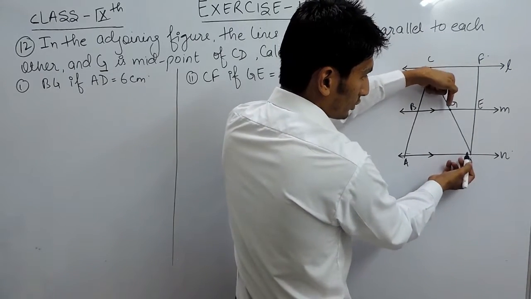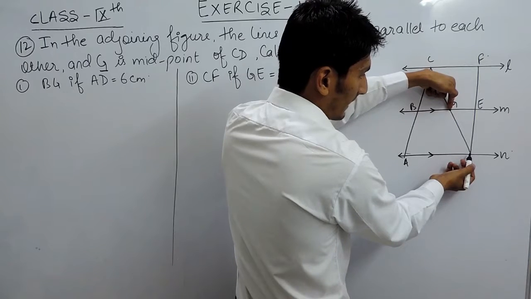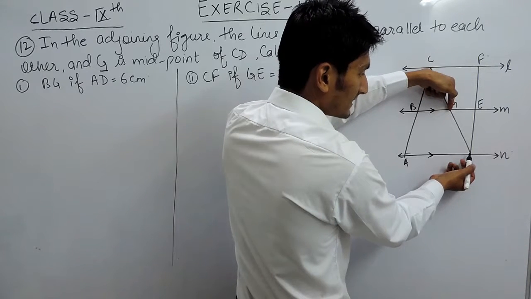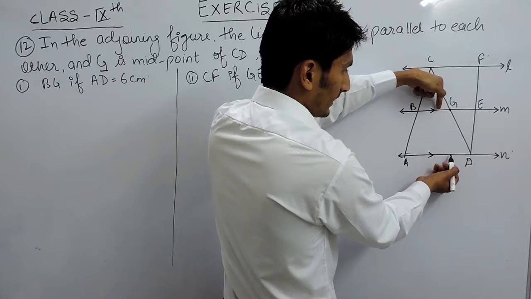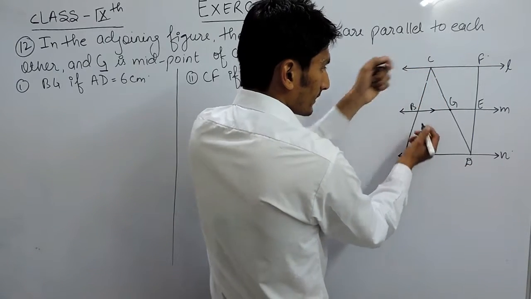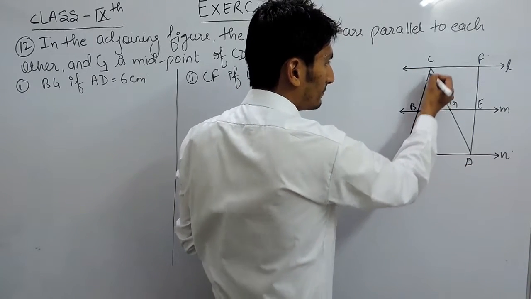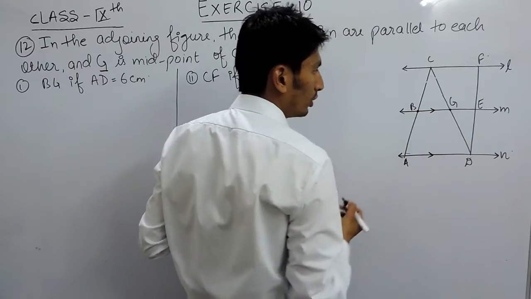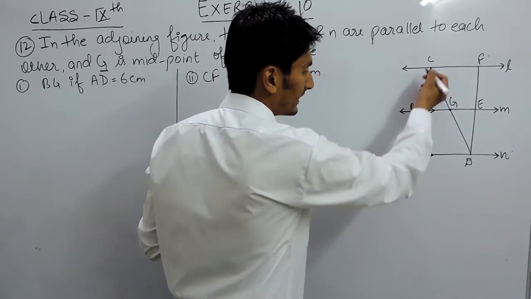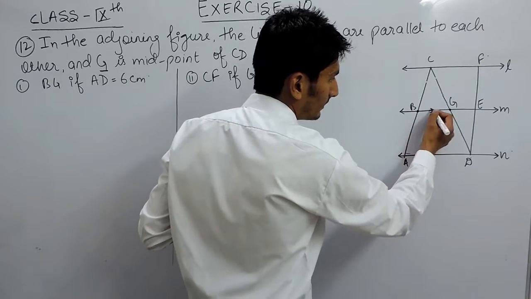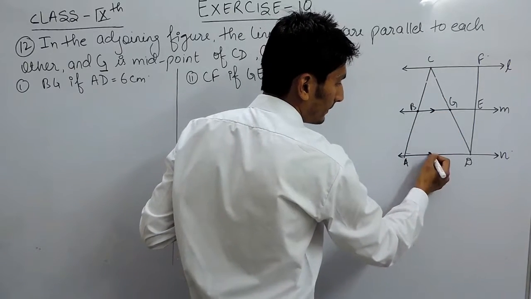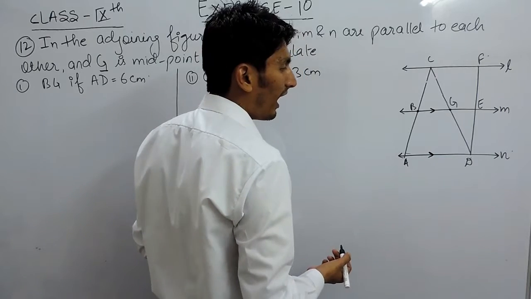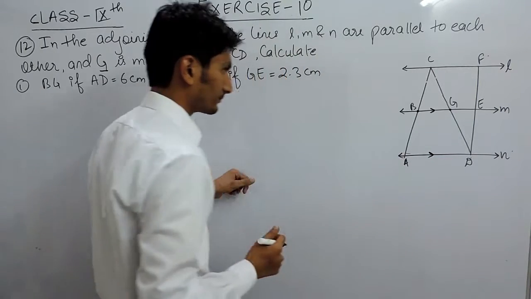And according to the midpoint theorem, if I draw a parallel line from the midpoint of one side in a triangle, it should meet the midpoint of the third side. So clearly B should also be the midpoint of side AC, and this BG must be half of AD.